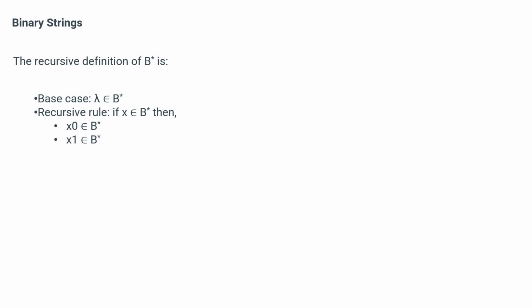Now, what does this mean? These are strings, so we're just talking about adding a 0 onto the end of whatever x was. So it's just putting a 0 on the end. Okay, I'm going to just put that in words. We can put a 0 on the end, and that string is also in B star.